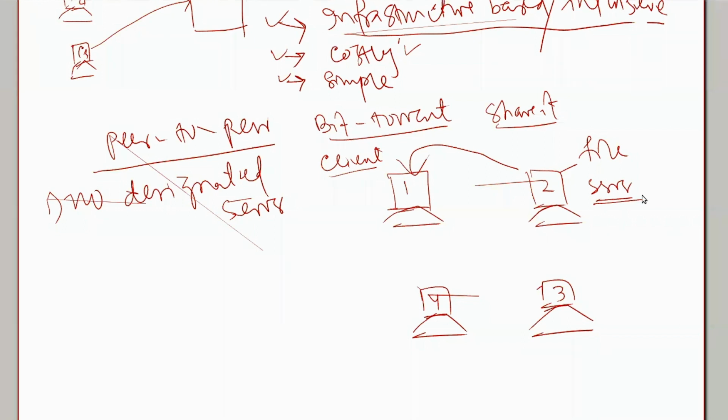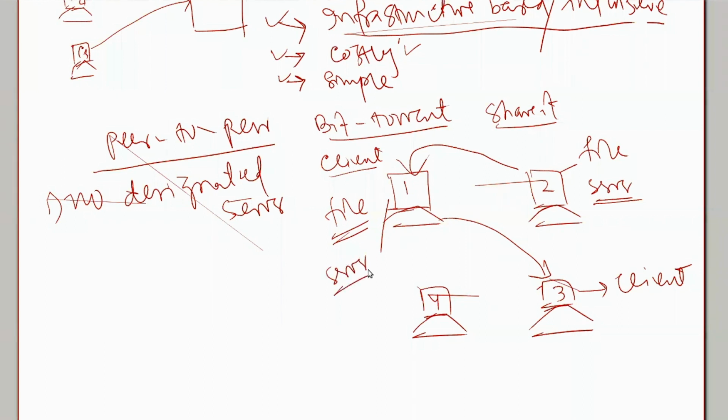Now, let's say at another point of time, there is another file which is present at machine number 1, and machine number 3 wants to download that file. That means at this point of time, machine number 3 behaves as a client and machine number 1 behaves as a server.